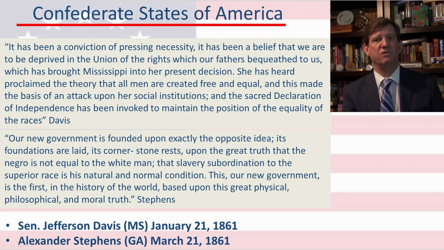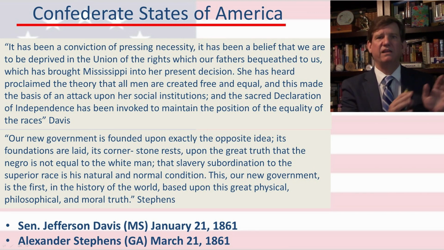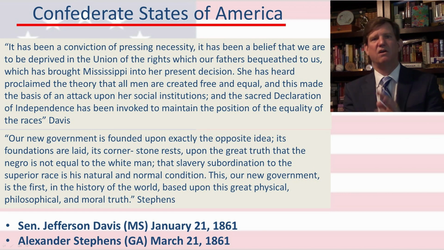If the cornerstone is off, if it's slightly off to one side or slightly off to another, then the building as a whole would be off. Alexander Stephens wanted the cornerstone of the Confederacy to be white supremacy. Off of that cornerstone, all of the other Confederate institutions would rise as an edifice to white supremacy.